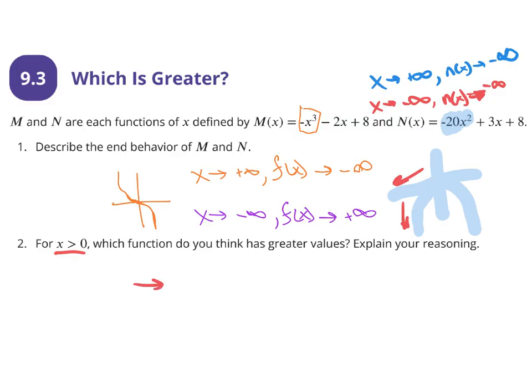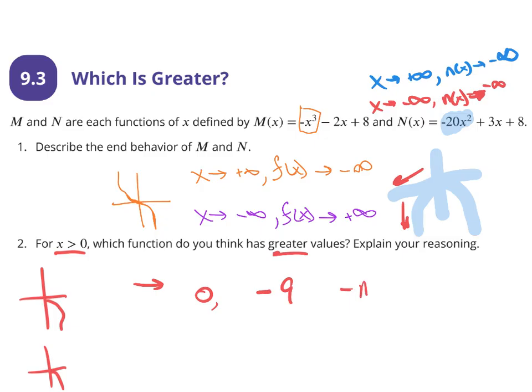All right, for number 2, x greater than 0. So we're going to the right. So m looks like this, and n looks like that for x greater than 0. Which has greater value? Now, when we're dealing with negatives, all of these are negatives. Greater values are closer to 0. So ironically, negative 9 is closer to 0 than negative 11.